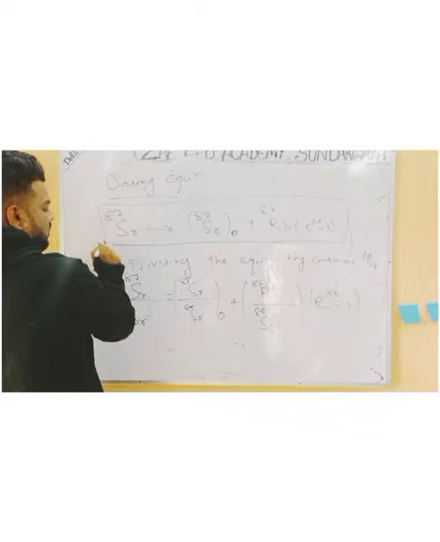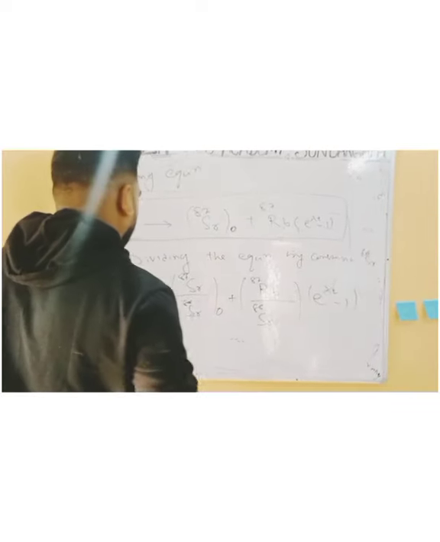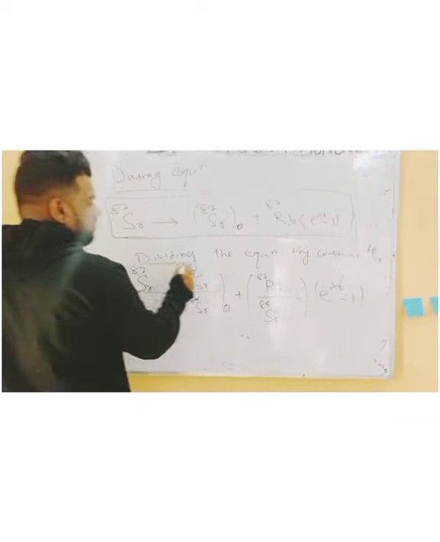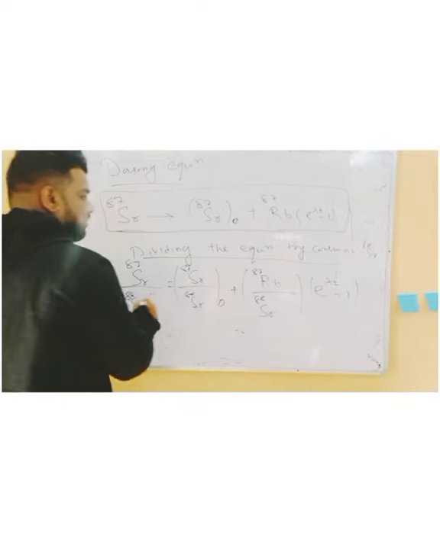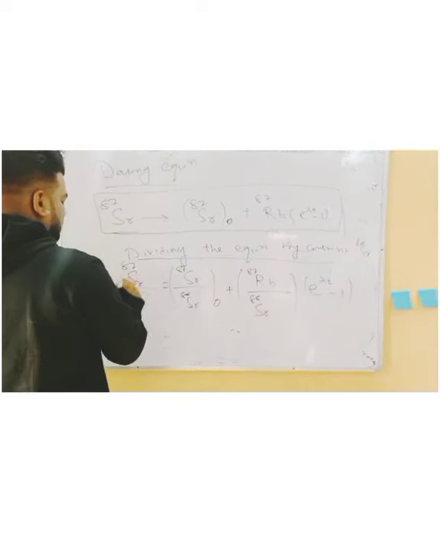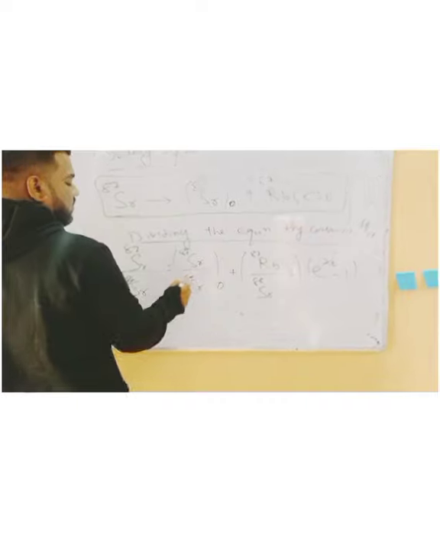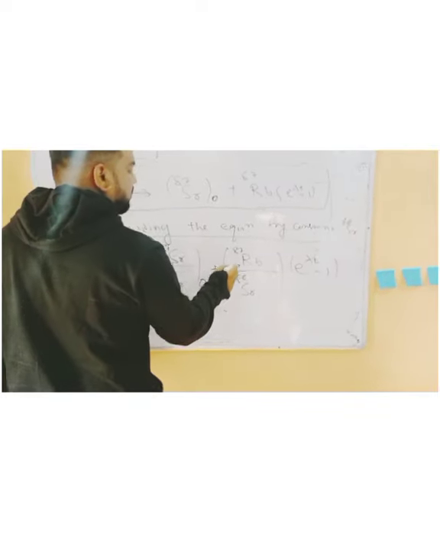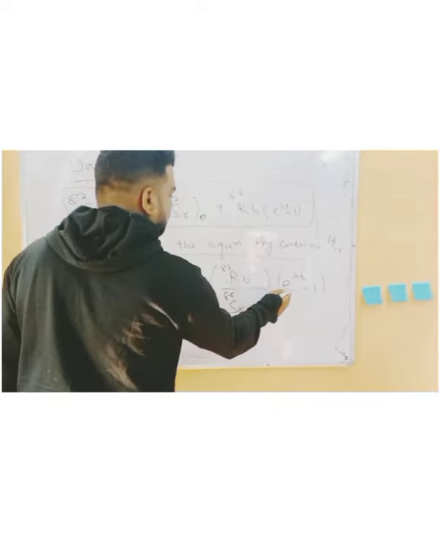This is the dating reaction, and dividing the equation by the constant strontium-86, strontium-87 by strontium-86 is equal to strontium-87 by strontium-86 naught plus rubidium-87 by strontium-86 into e to the power lambda t minus 1.